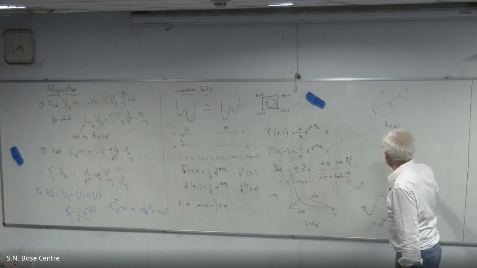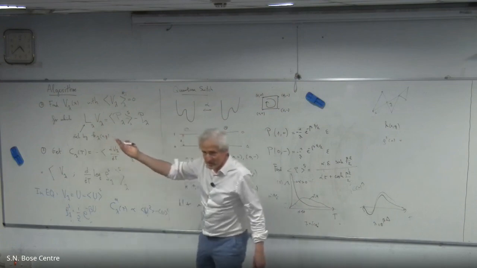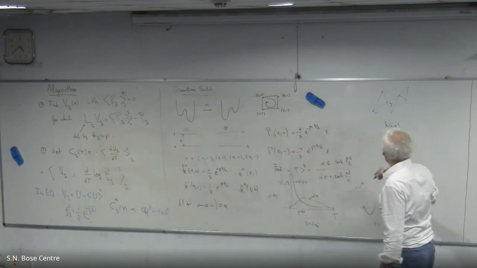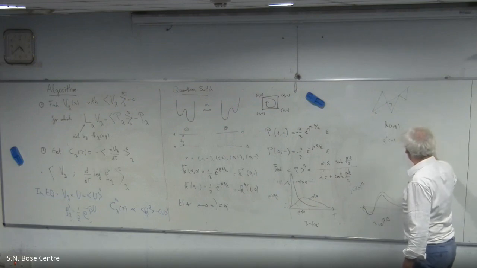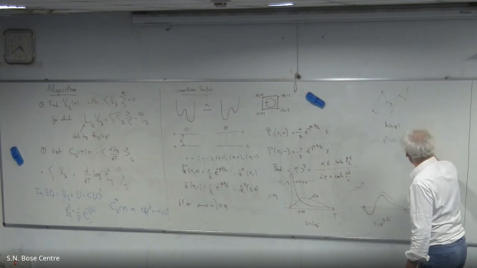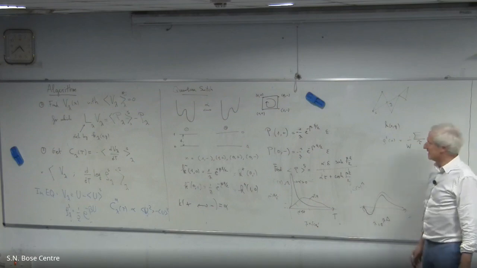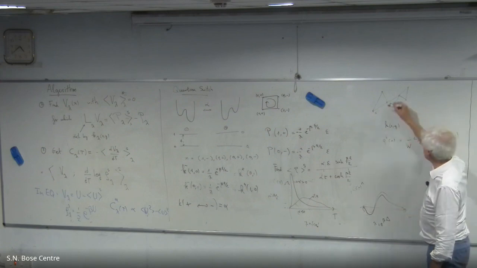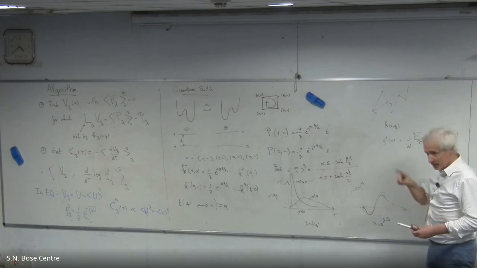Amazingly, it's just because this is a linear equation, so you can use linear equation methods to find that. And this Kirchhoff formula is, up to a normalization, given by a weight. There is a weight of this X, and this weight of X is the following. You sum over all spanning trees, and you take the product of the k_ZZ' rates, where Z to Z' is an edge in the spanning tree going to X. You know what a spanning tree is? It's a tree, an object without loops, but so that every vertex is visited.